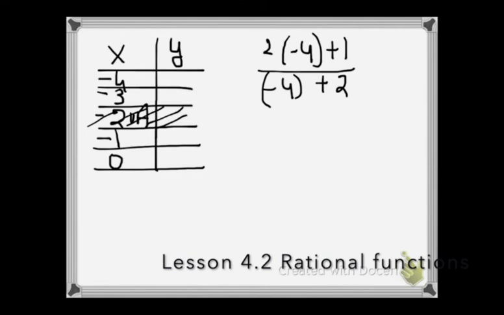Just one second. Oh, it's minus 1. I'm sorry. So this answer is going to be 4.5. And this answer is going to be 7 on the calculator as well, when x is equal to minus 3, and when x is equal to 0, I will have minus 0.5.